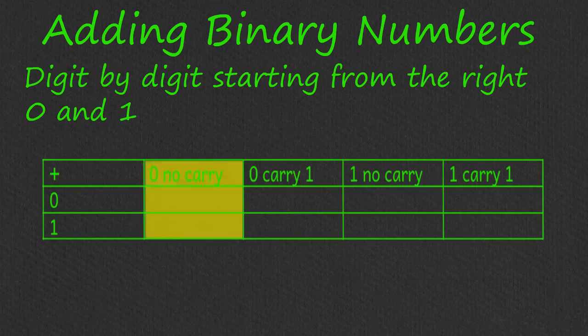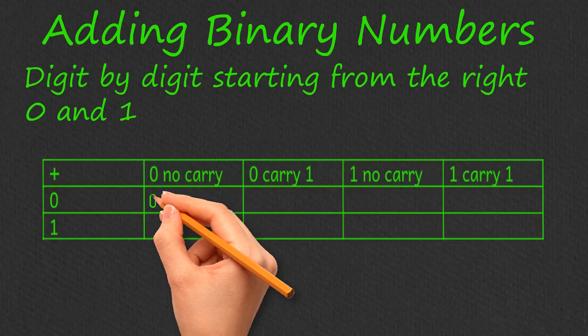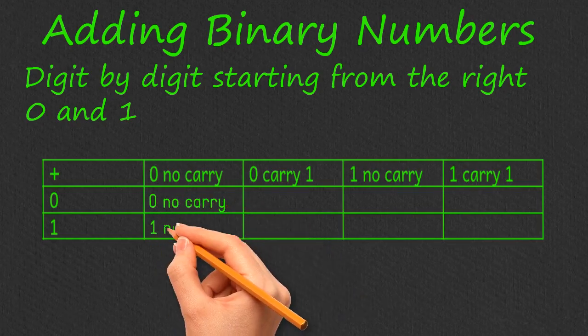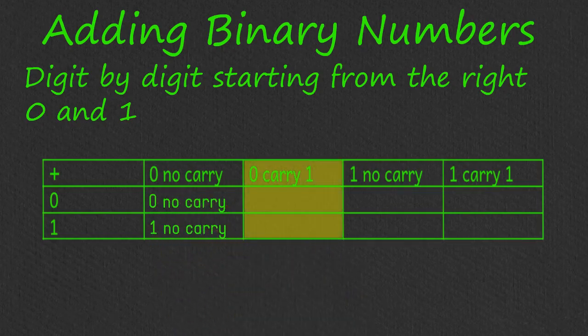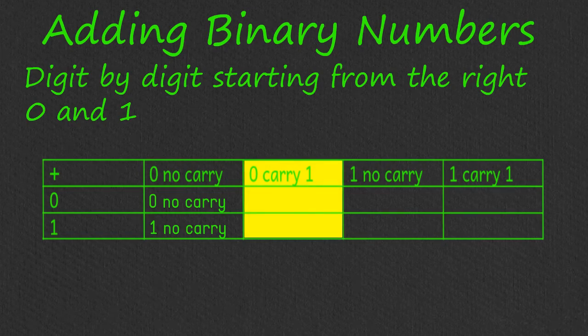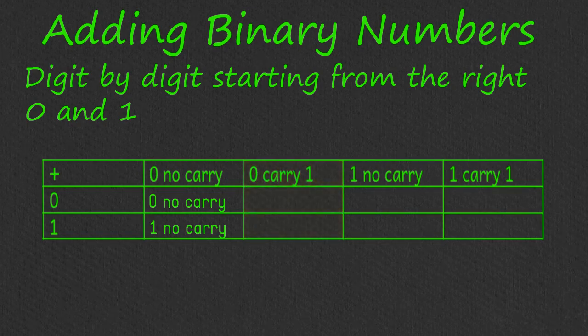In the second column, we add 0 with no carry to 0 and also to 1. As adding 0 means we add nothing, the result of these two digits additions will be the same as the original digits 0 and 1, and there will be no carry. In the next column, we are still adding 0 to our original digits of 0 and 1, but now we also have a carry.